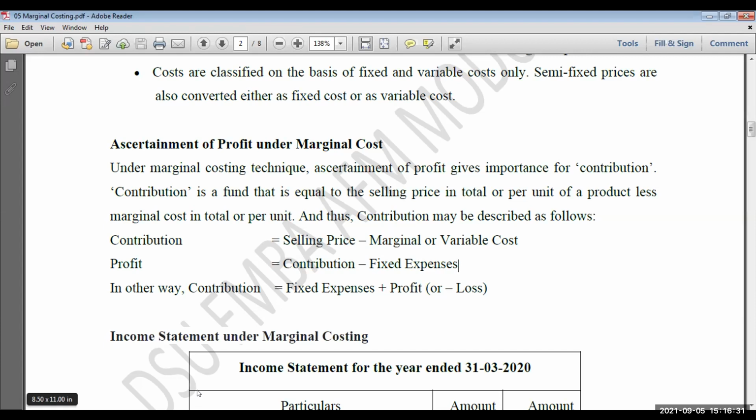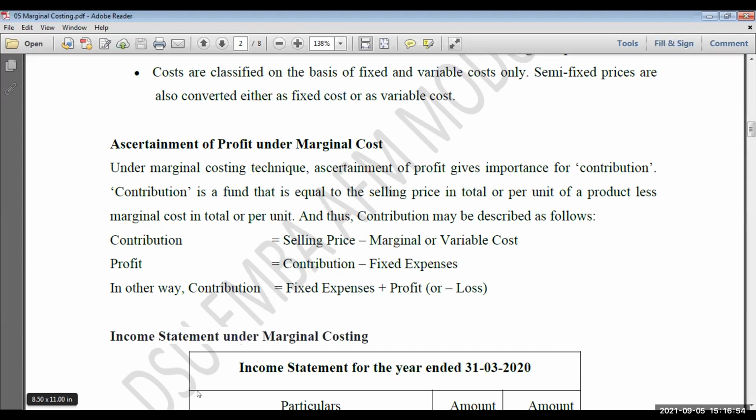Suppose you are selling 1 lakh units at the rate of 1 rupee per unit. So sales value is 1 lakh. If variable cost is 60,000, your contribution is going to be 40,000. If fixed cost is also 40,000, profit is equal to 0. If that is the case, break-even sales is 1 lakh units and 1 lakh rupees.